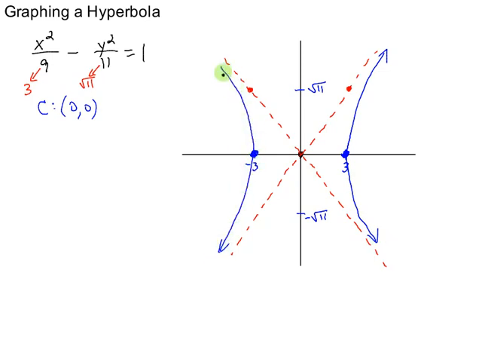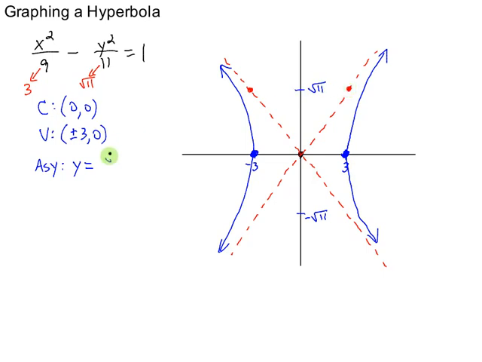And now I need my foci. First of all, let's label. The vertices are plus or minus 3, 0. The asymptotes are lines, so they have an equation like y equals mx. So y equals the slope. Well, the slope is rise over run. So my rise, I start at the center, I rise square root of 11, and I run 3.